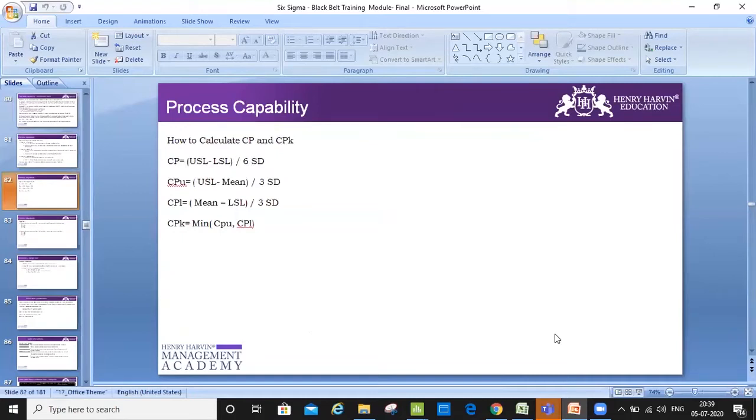CPU is CP for the upper specification and CPL is CP for the lower specification. So we calculate CPU and CPL first, and the minimum of the two is the CPK. The formula for CPU is USL minus mean upon 3 standard deviation, and the formula for CPL is mean minus LSL upon 3 standard deviation.